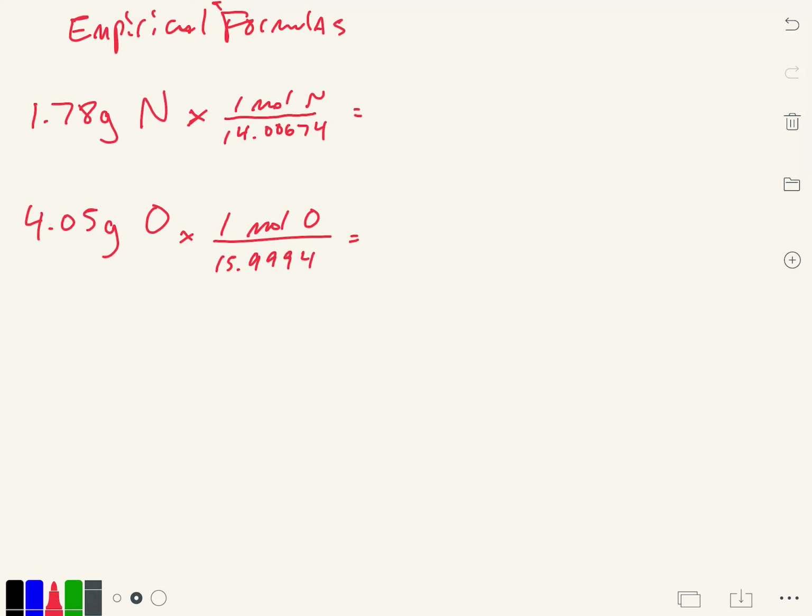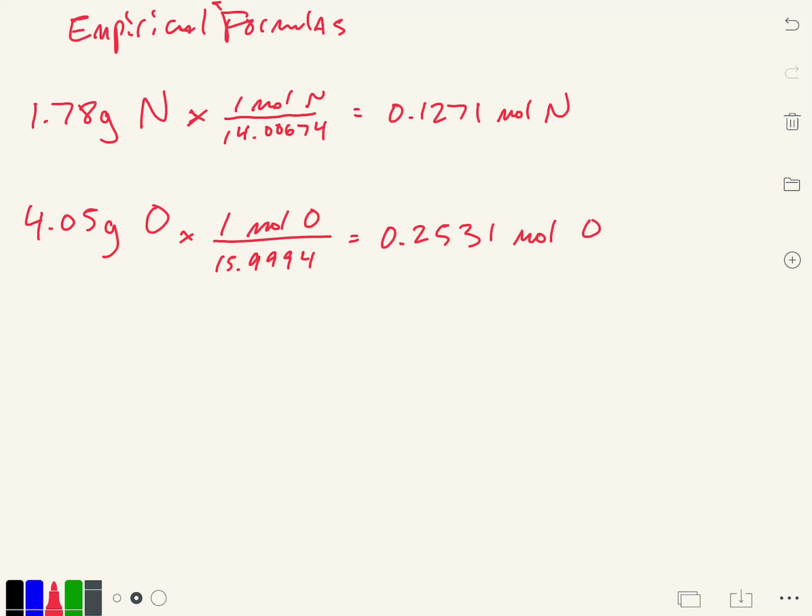This gives you a chance to follow along too. So this is 0.1271 moles of N, and 4.05 gives 0.2531 moles of O. Okay, so we've got our moles of each.